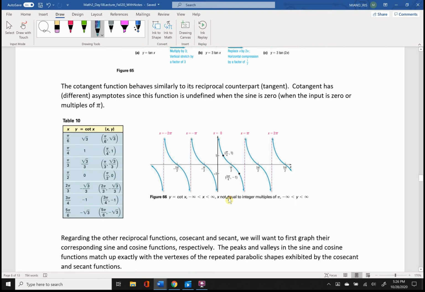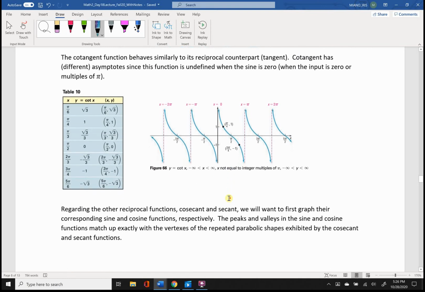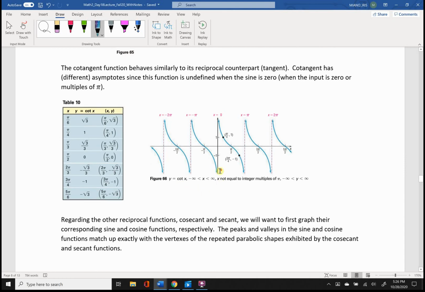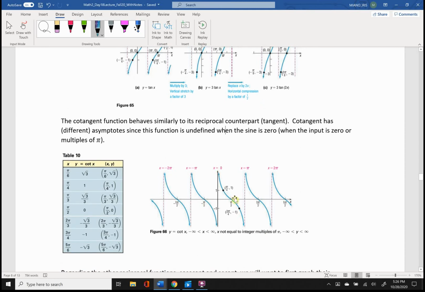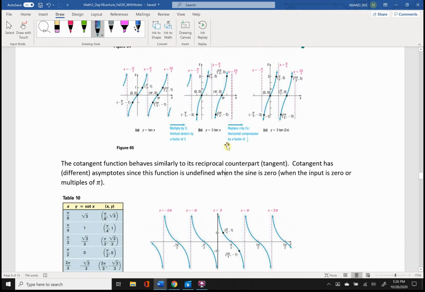Cool. Here we are going to, relatively similarly but with a little bit less information, define the cotangent, which you may notice looks very much like the tangent. Instead of increasing over its period as you move from left to right between the asymptotes, the cotangent decreases, and it is shifted over compared to the tangent, whereas the tangent goes through the origin.